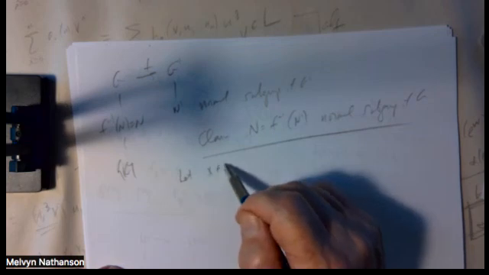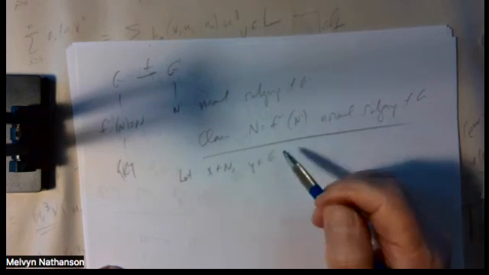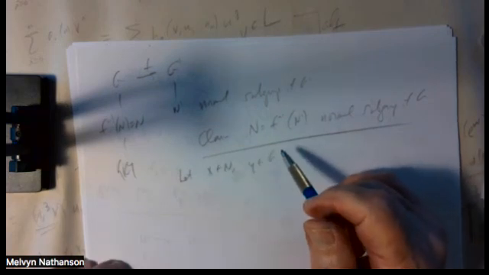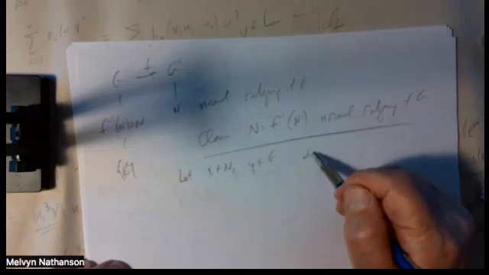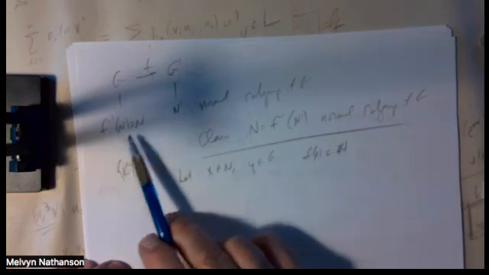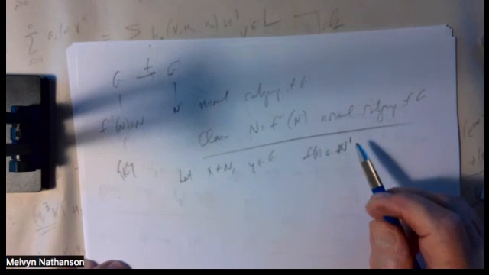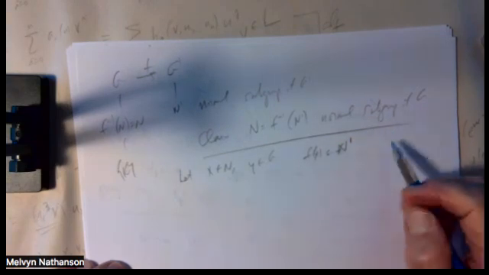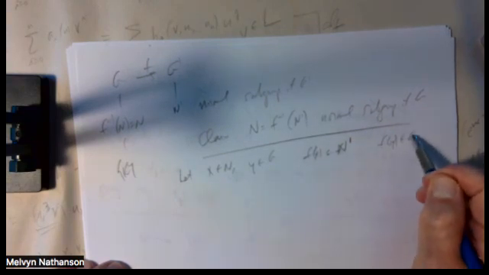So let X be in N and Y be in G. So F of X is in N prime, of course, since N is the inverse image of N prime. And F of Y is in G prime.